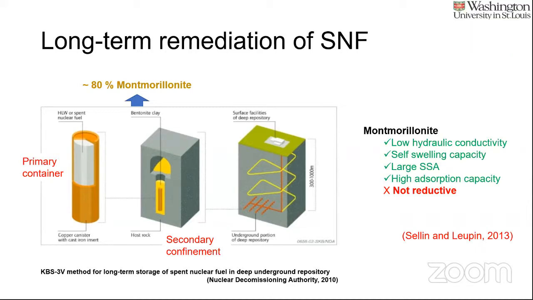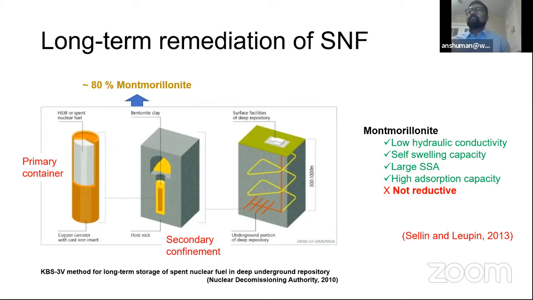So it's very important for the scientific community to know how uranium and Montmorillonite behave with each other, how uranium gets adsorbed onto Montmorillonite, how it can desorb, and how its solubility can change. And guess what? We have a lot of studies done on uranium-6 and Montmorillonite. But one important aspect that people have not covered yet is that Montmorillonite is not reductive.